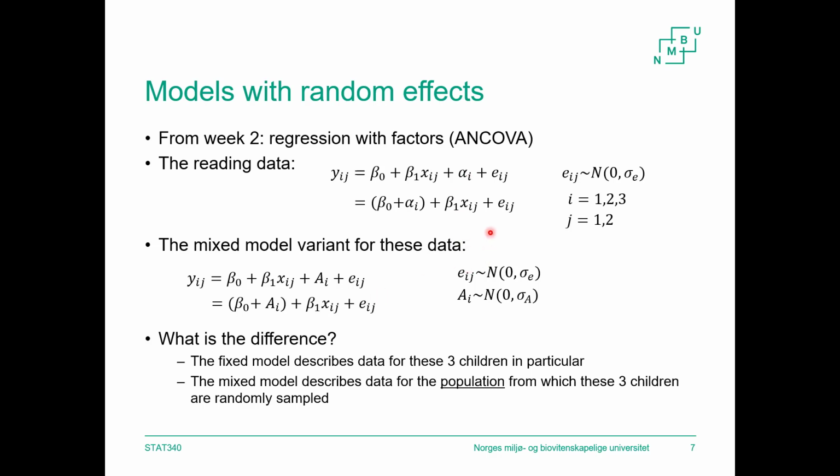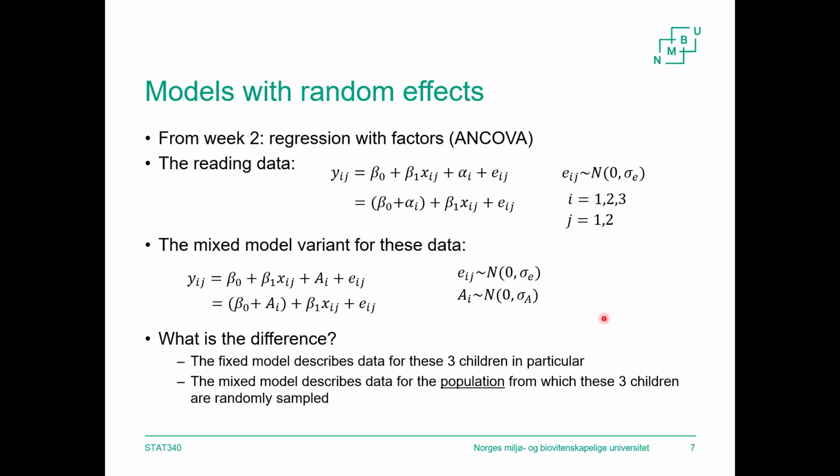I should say that if you are for some reason particularly interested in these 3 children, then this approach here is the one you should use. However, if these 3 children are in your mind not particularly interesting, they are just examples of children, and you are more interested in the general conclusion about reading abilities for all children, then you should look at this model instead.